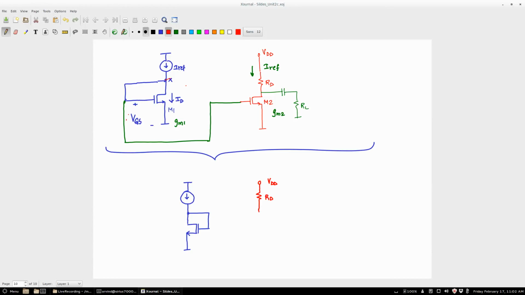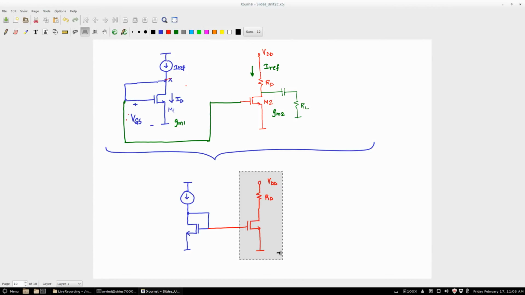This X connects to this, and then this other end I'm going to have here is VDD. Okay, we have not yet told you what the value is. Leave this as VDD.